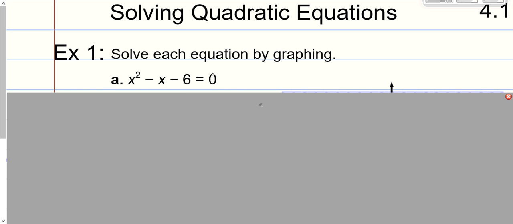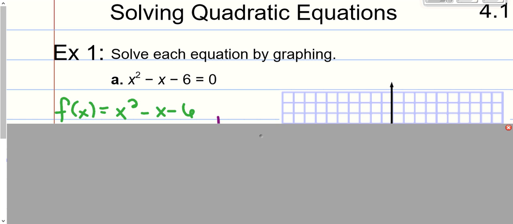But instead of equals 0, we can rewrite that as f of x equals x squared minus x minus 6. So instead of the 0, we now have f of x. Now you can put that in your calculator. And guys, that's pretty much all you're having to do is put that in your calculator.